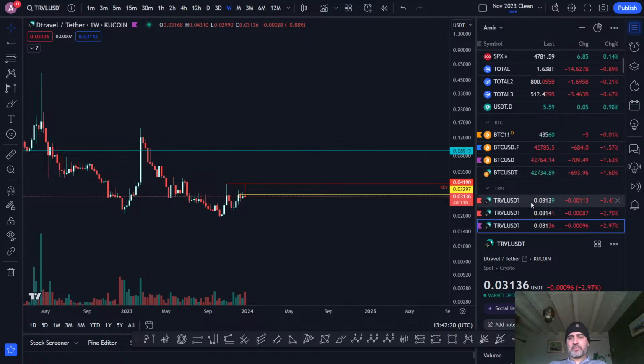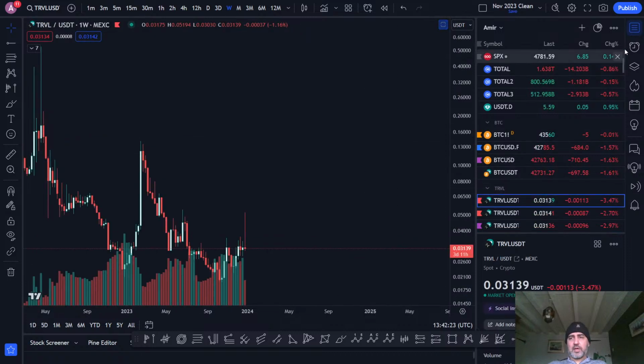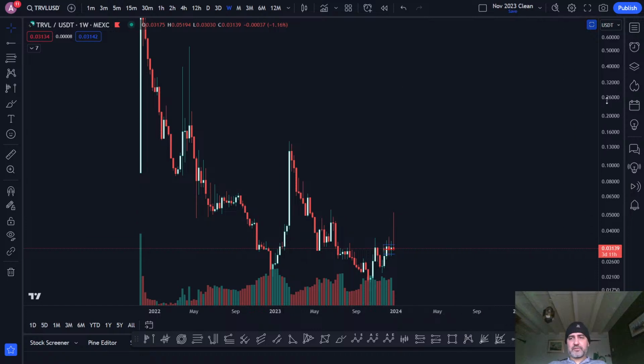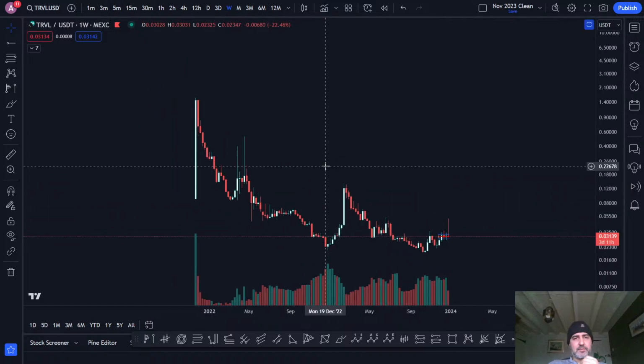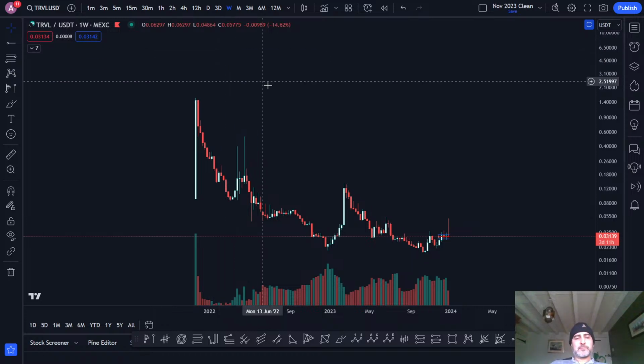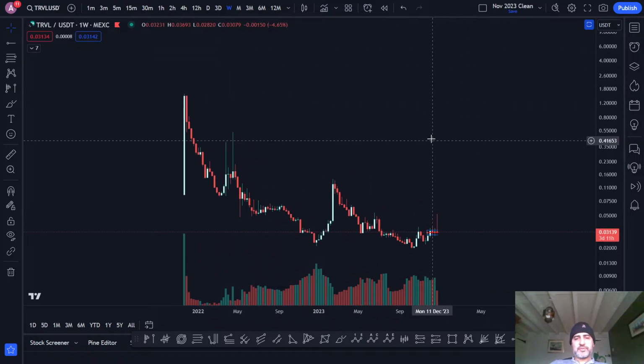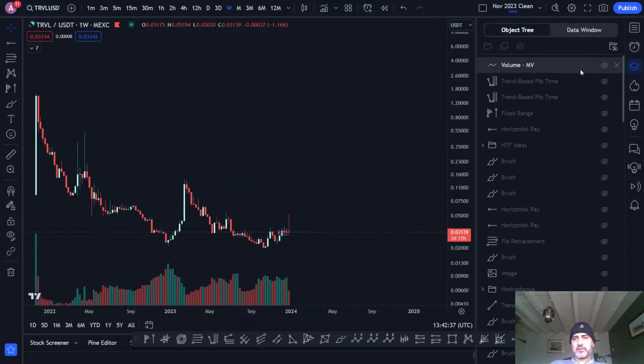So I'll give you an example. Obviously we're kind of diverging from our original conversation, which was this price action locally, but I think this is quite important. See this on this chart. Let me hide that fixed range now.